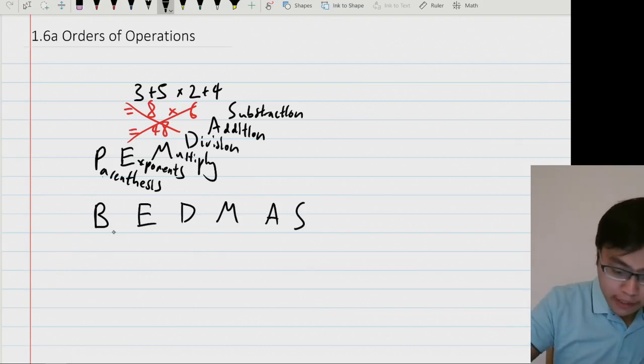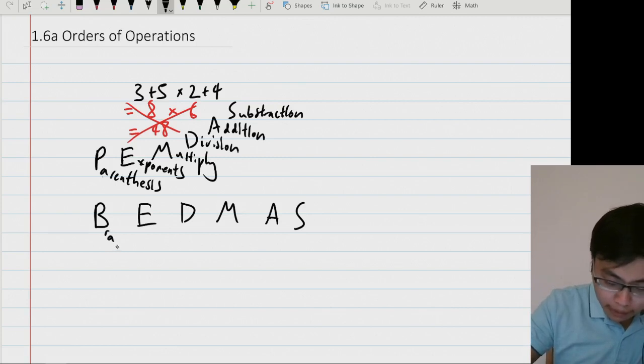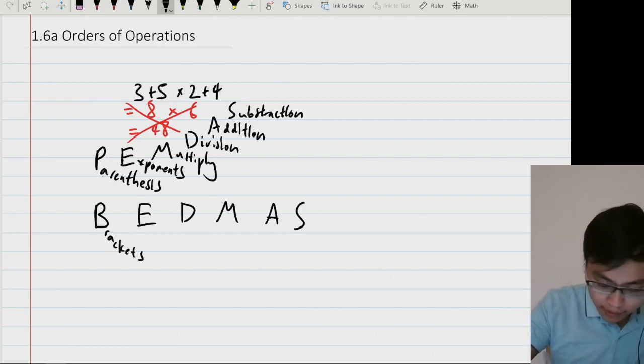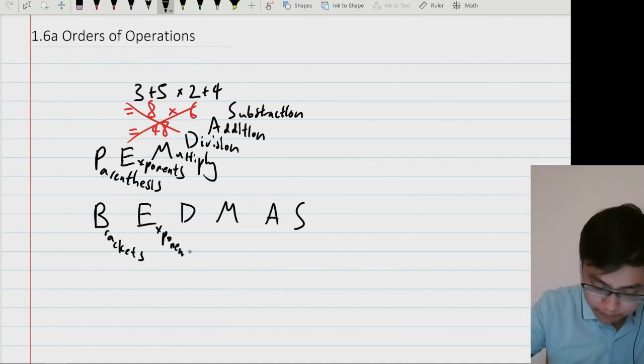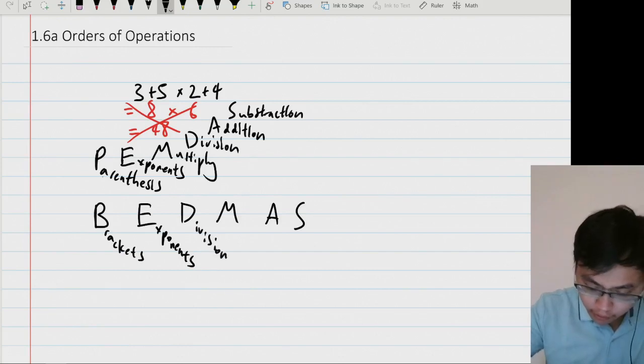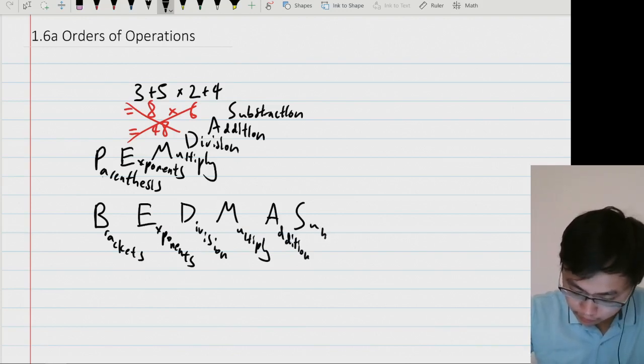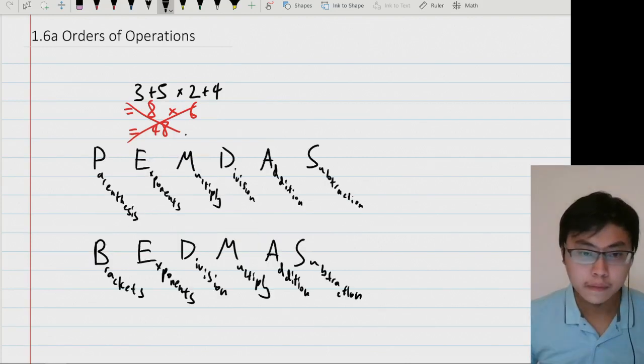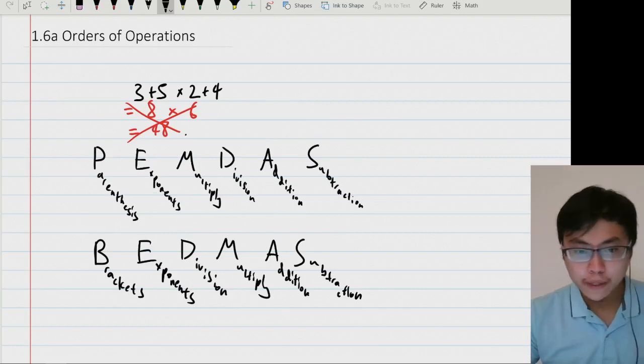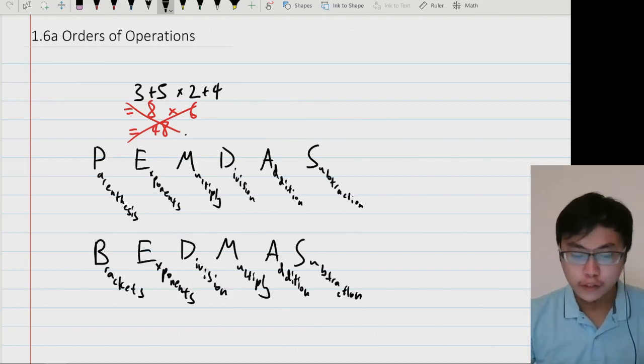B stands for brackets, and then E also stands for exponents, D stands for division, we have multiply, and we have addition and subtraction. Let me just fix it a little bit to make it look better and more consistent.